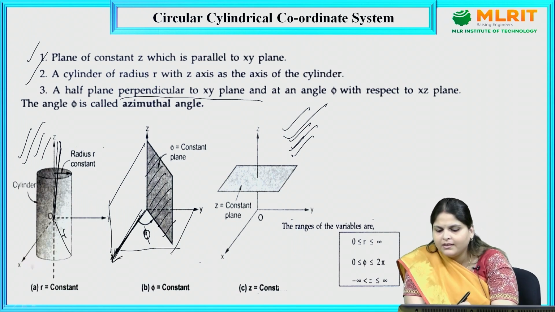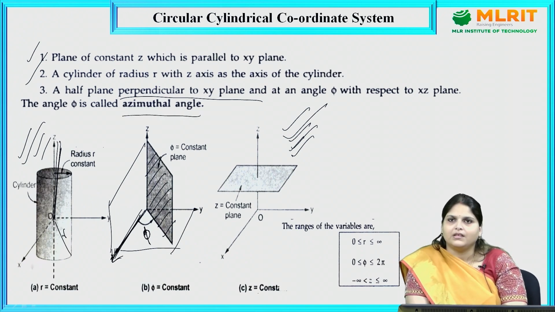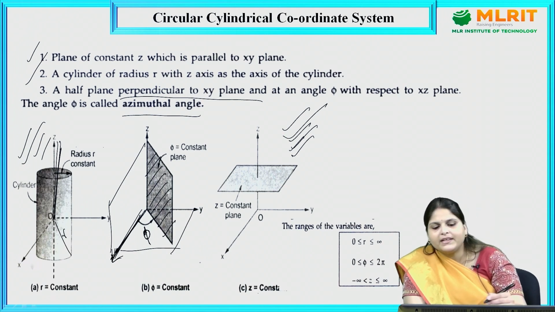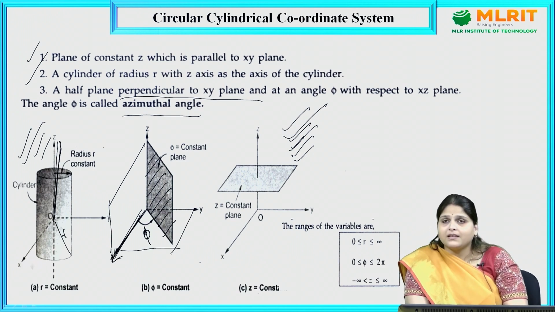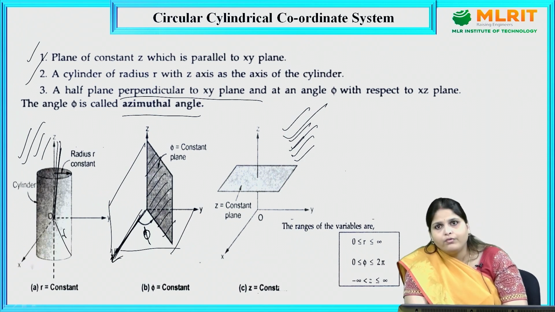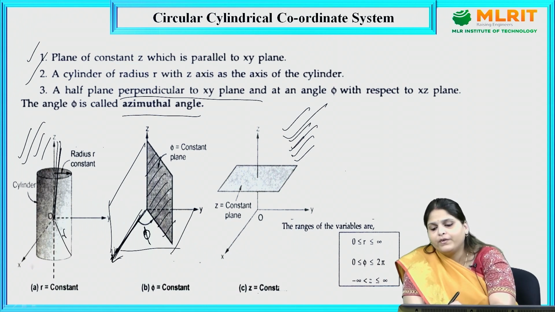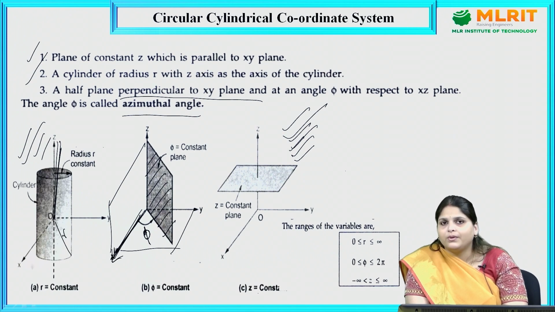This angle is called the azimuthal angle. So we need a constant z plane, a cylinder of radius r whose axis is the z axis, and a plane forming an angle phi with the x axis. Combined, they form a circular cylindrical coordinate system.